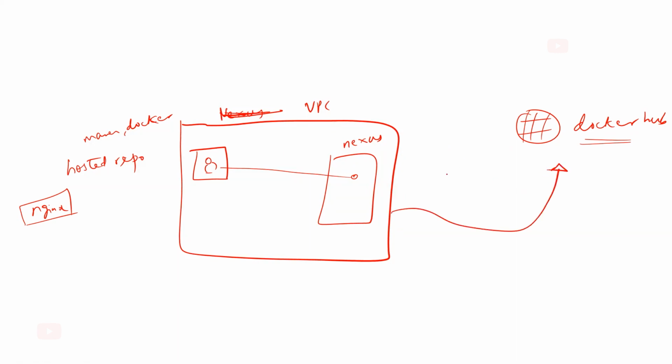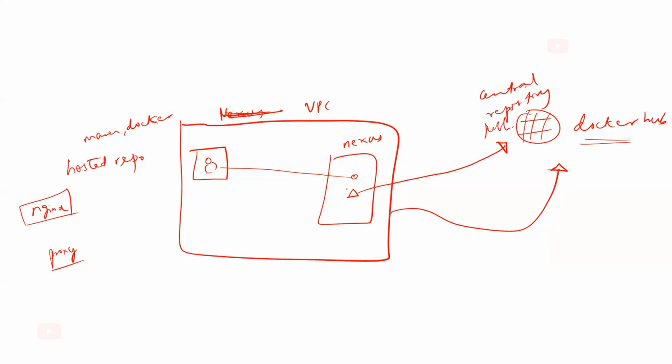We already discussed this. Now, in this case, I'll create another type of repository known as proxy. This proxy repository is always connected to some external repository, a central repository or public repository.